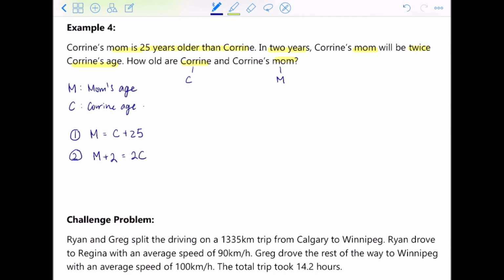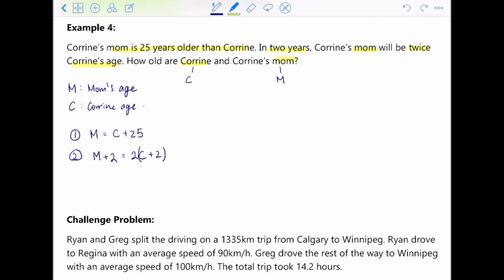But what we need to consider is that mom is not the only one who's gaining 2 years. Corinne is also gaining 2 years. So you do have to add 2 to Corinne's age first, and then you need to double it. So the order matters. You can't do 2C plus 2. It doesn't work that way.